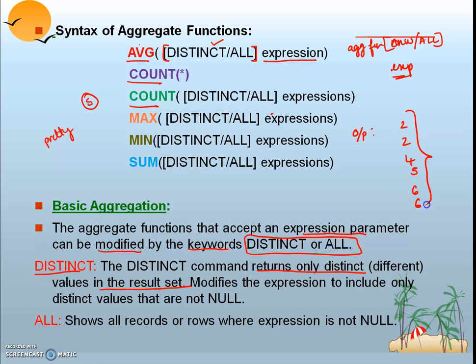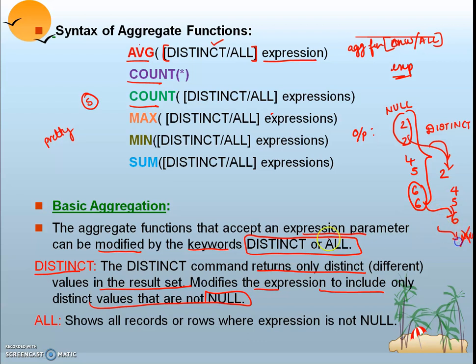If I apply the keyword distinct, my output goes like 2, 4, 5, 6. Among the two 2 values I have taken only one, and among the two 6 values I have taken only one as the output. This is how the distinct keyword works, and it modifies the expression to include only the distinct values that are not null. If I have a null, it will not be considered in my output.